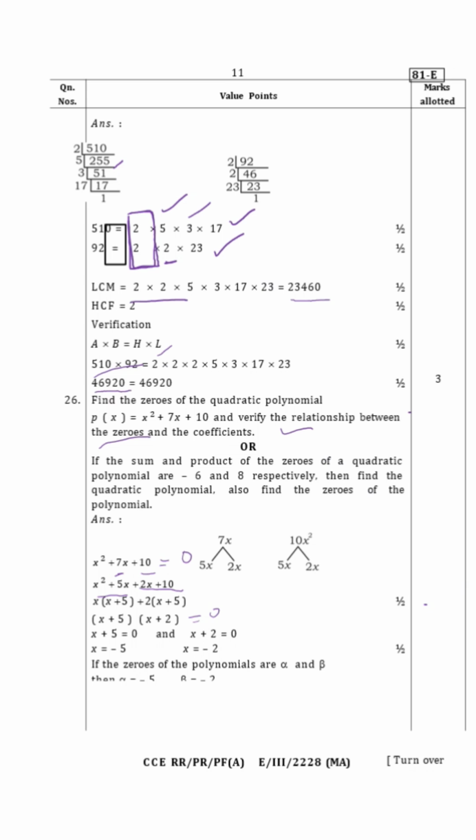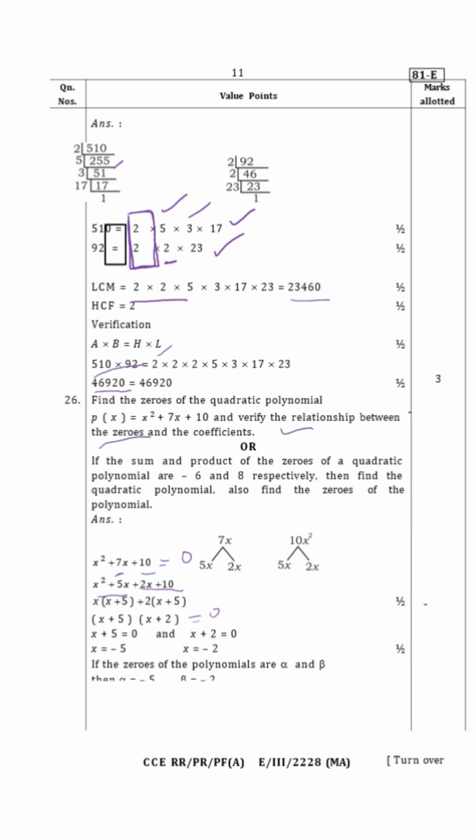We have to verify the relationship between the zeros and the coefficient. Here sum of the zeros is alpha plus beta. Negative of 5, negative of 2, that is negative of 7. Sum of the zeros according to coefficients is negative of b by a. b is 7.